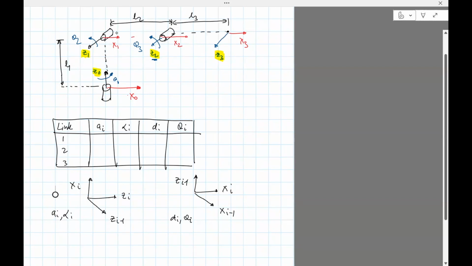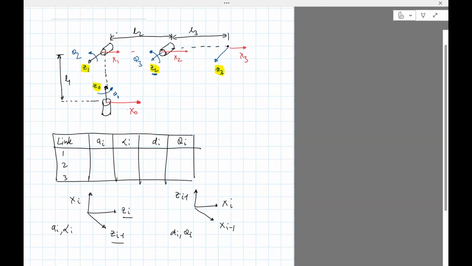So i equals 1. So we need the angle between Z0 and Z1 along X1. Okay. So this one might need some work. Z0 is up, Z1 is to the left, and we need the angle along X1.